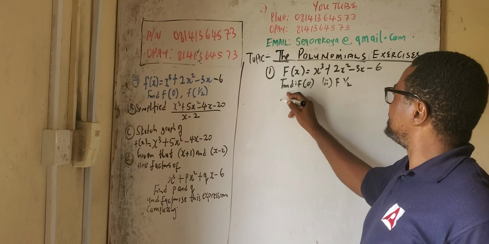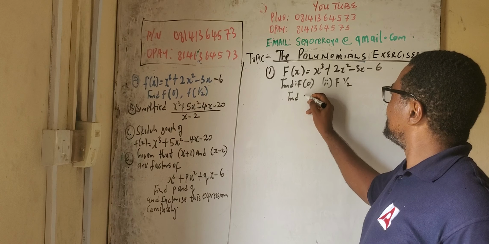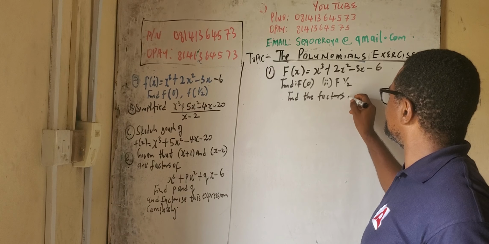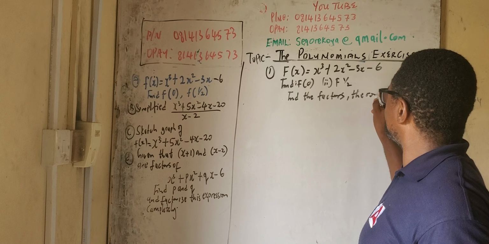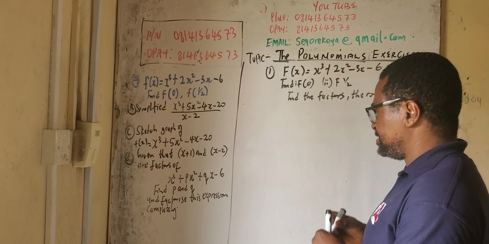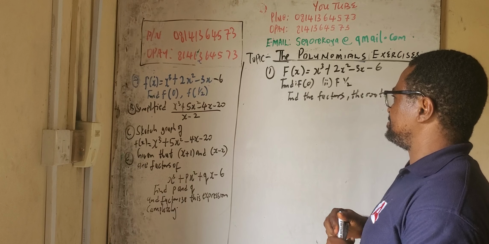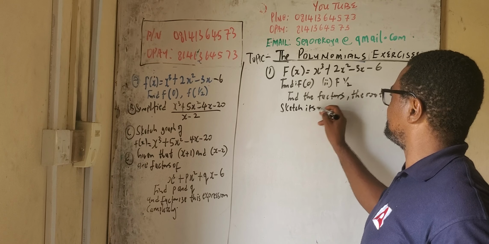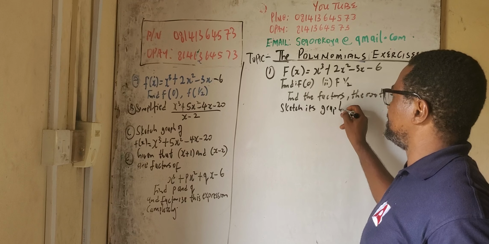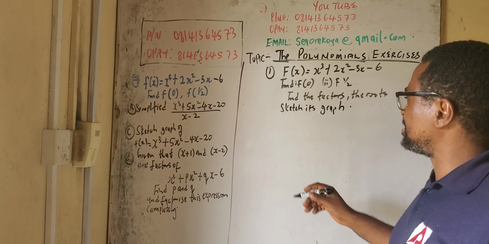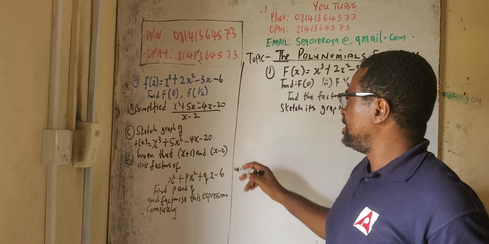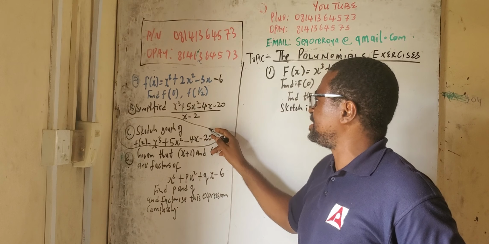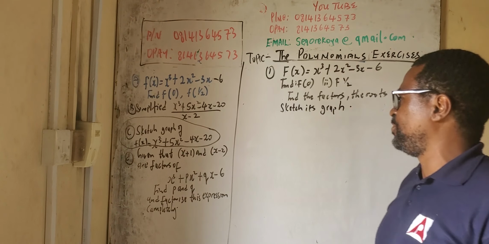Then the next ones say find the factors, the roots, and sketch the graph. This question I have here has actually covered the question C I have here, so this one can be taken as an assignment for you.